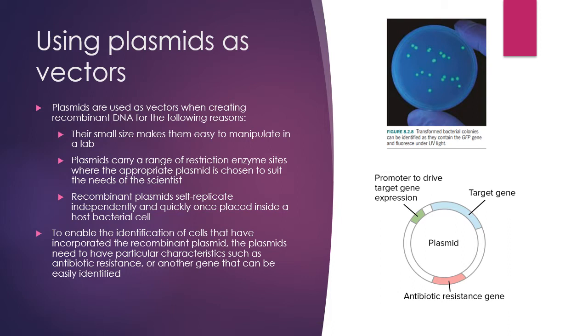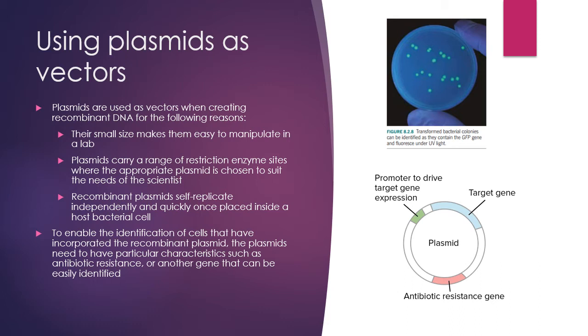Now, sometimes they will use genes and insert them into plasmids so that they can identify that the plasmid has taken up the gene that they wanted it to. So you can see on the right there, the target gene is in blue, but they've also put in this antibiotic resistance gene.